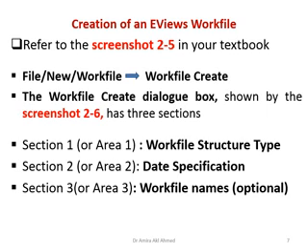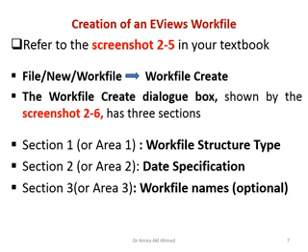This dialog box has three sections or areas. Section 1 or Area 1 has the title Work File Structure Type. In this section, there is a drop-down menu where the user describes the structure of the dataset under consideration.